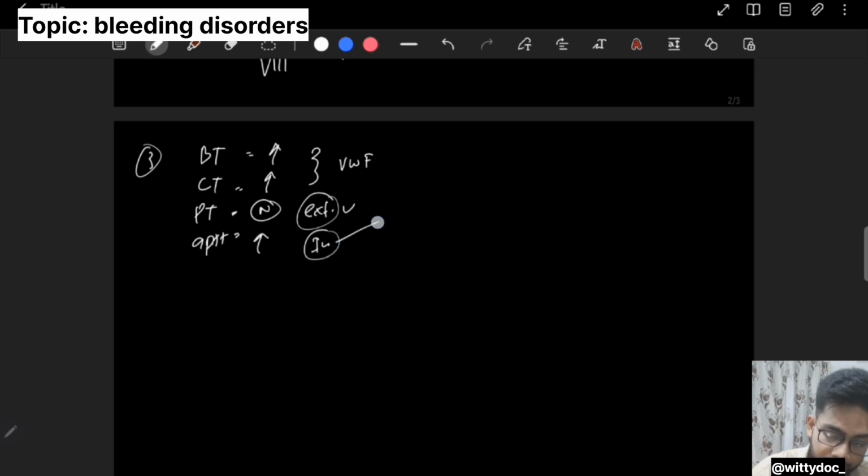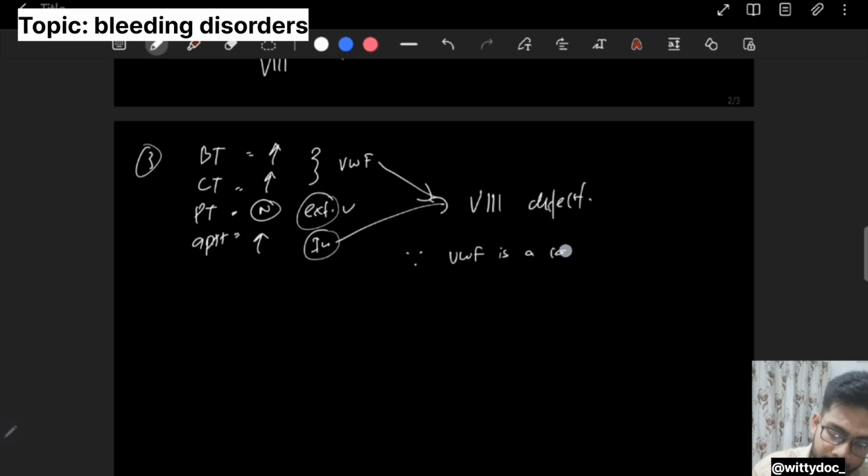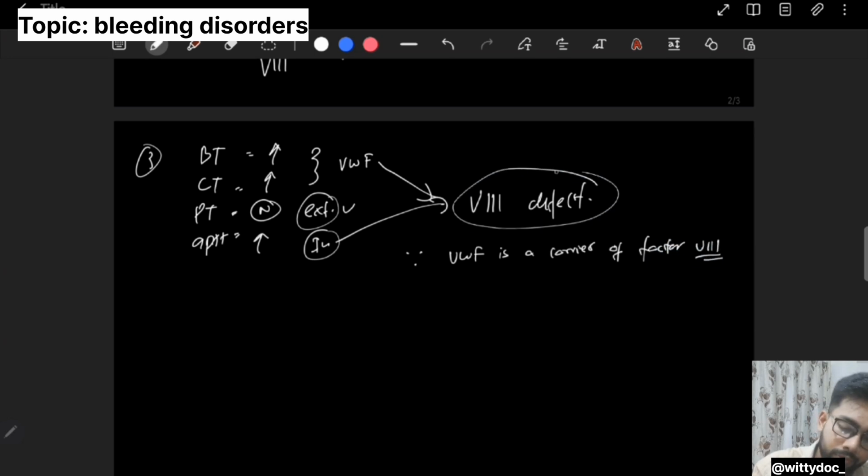These two signify an intrinsic factor defect plus a von Willebrand factor defect. So we come to the conclusion that there is a factor 8 defect, since von Willebrand factor is a carrier of factor 8. That's why the answer will be factor 8 defect.